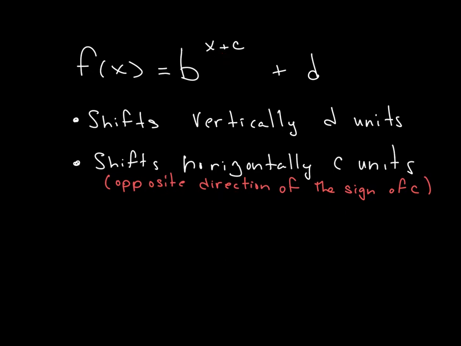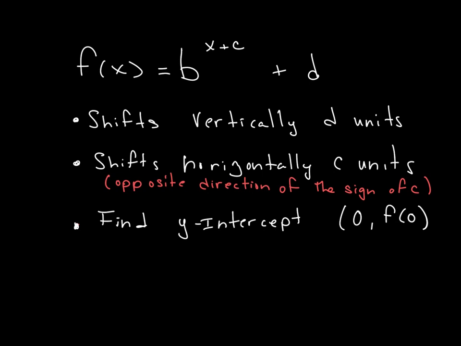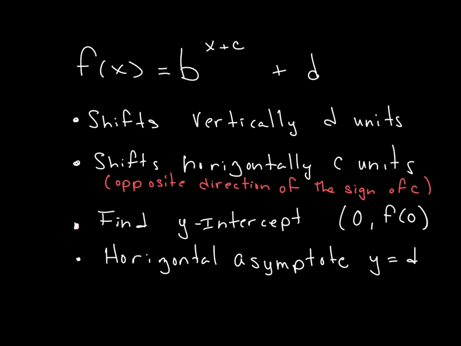All right, now the y-intercept is a point you always want to use. And that means you just plug in 0 for x. This also gives us our range. Our range goes from d to infinity. And the domain remains unchanged. The domain is going to be negative infinity to positive infinity.